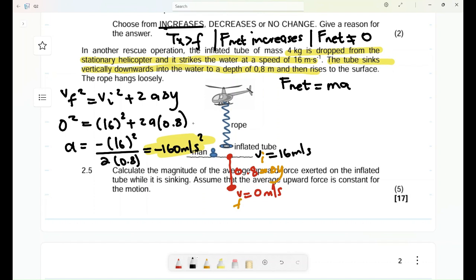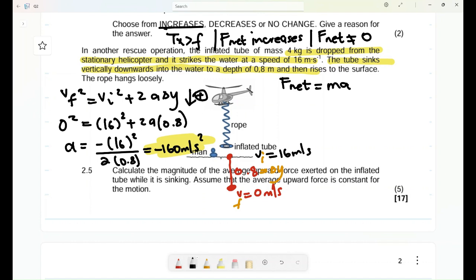Okay, I took downwards as positive here. Why did I say I took downwards as positive?